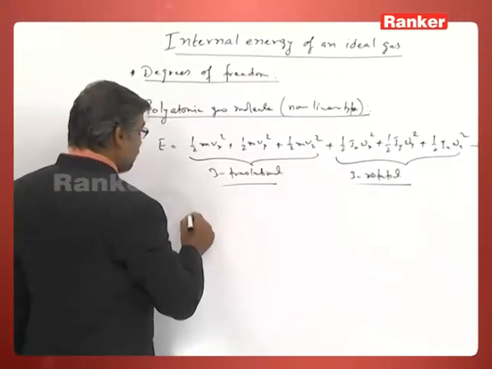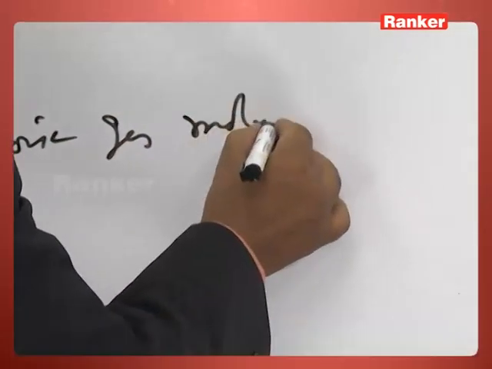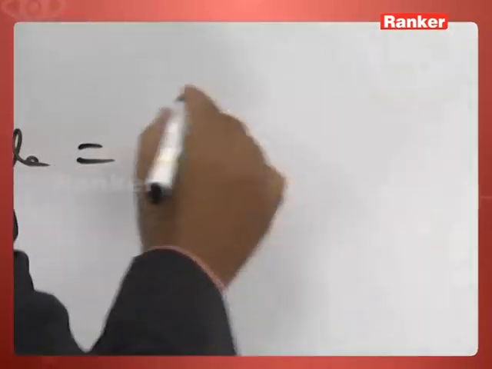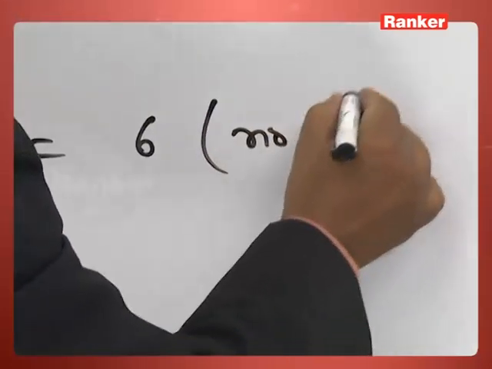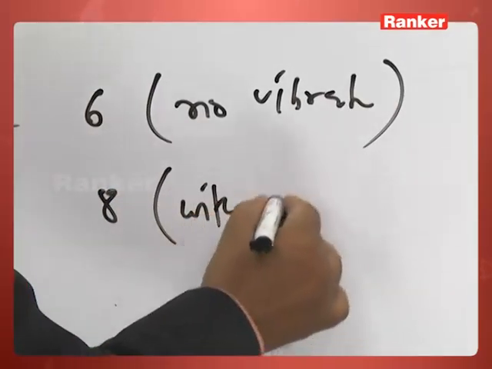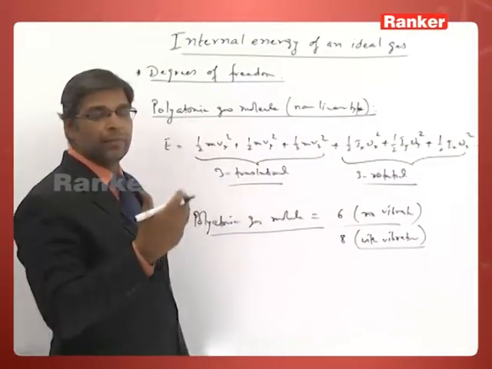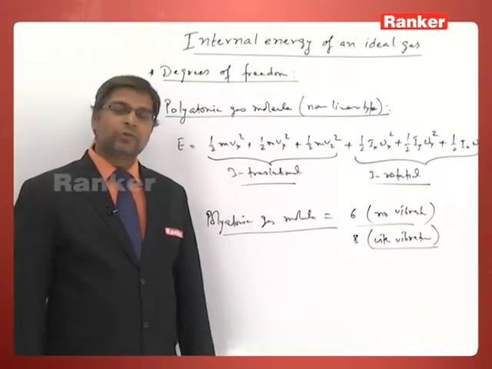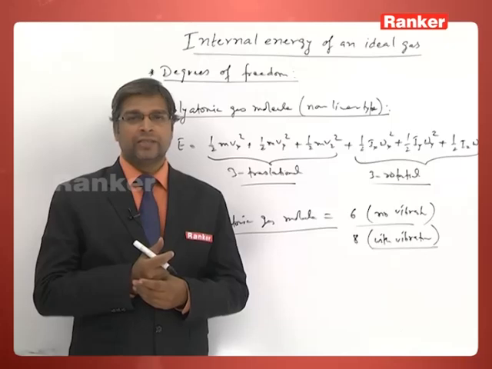So, the total degrees of freedom of a polyatomic gas molecule will be 3 plus 3, that is 6 under normal circumstances with no vibration, and 6 plus 2, that is 8, with vibration. So, this is how the degrees of freedom for a gas molecule are defined. Now, let us see how these degrees of freedom provide different ways of storing energy for a gas molecule.